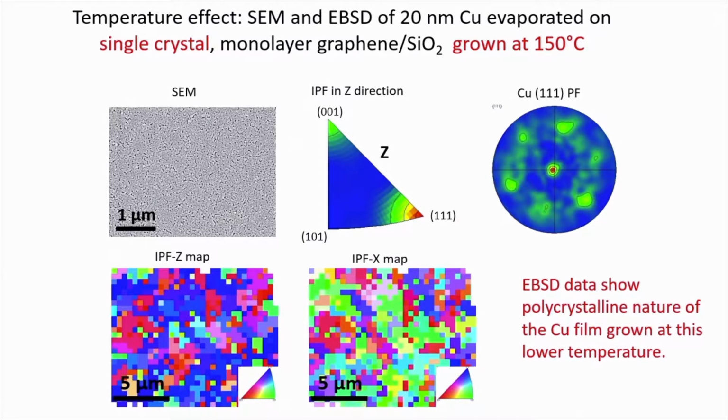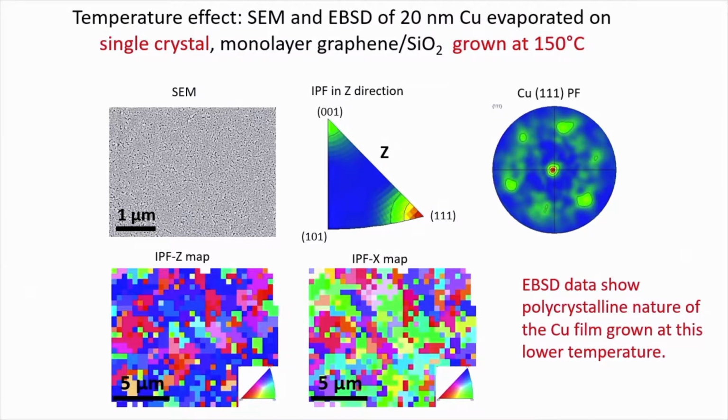basically it's a polycrystalline structure for this film grown at 150 degrees C, but with a little bit of preferred orientation. You can see six weak 111 poles, but there's large orientation dispersion in the chi direction and also in the azimuthal directions.